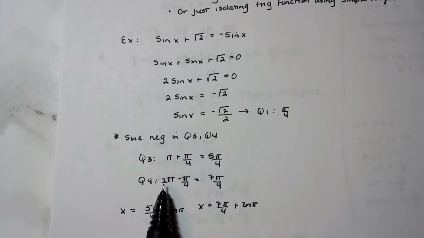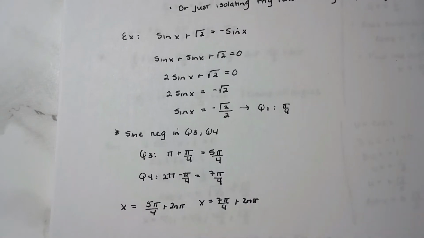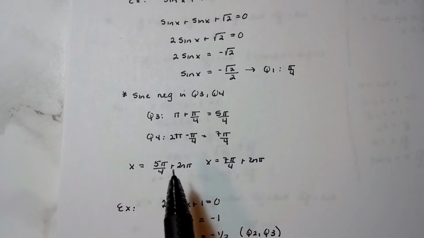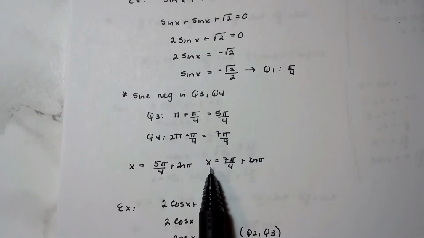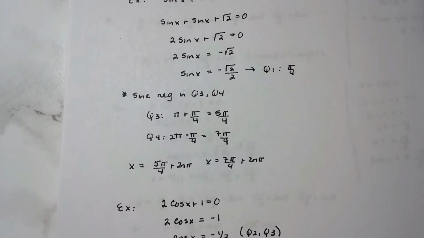And in quadrant 4, I'm just going to subtract that reference angle from 2 pi. So 8 pi minus pi gives me 7 pi over 4. So remember, an interval is not given here, so I'm going to say that x is equal to 5 pi over 4 plus 2n pi, and x is equal to 7 pi over 4 plus 2n pi. Those are just general solutions. I'm not restricted to an interval at all. Okay?